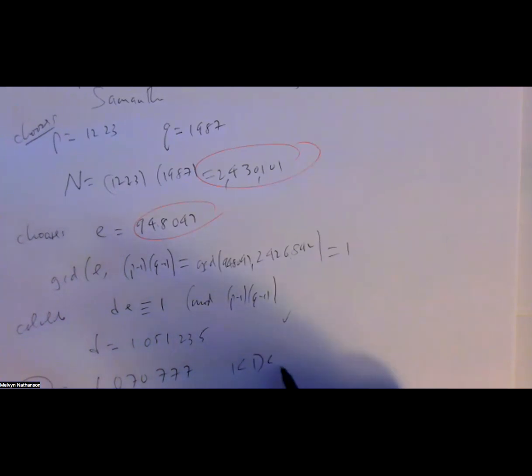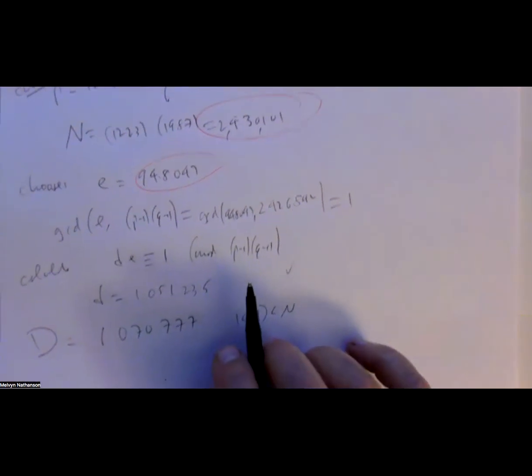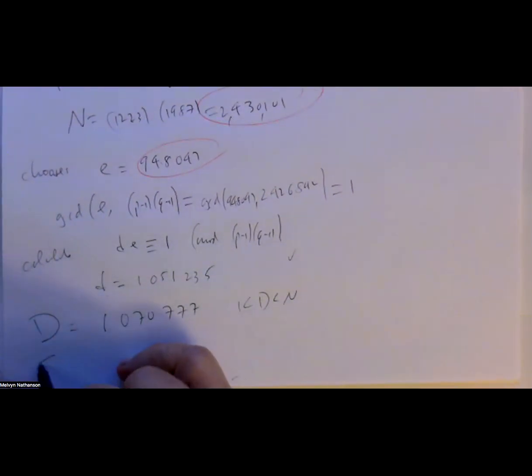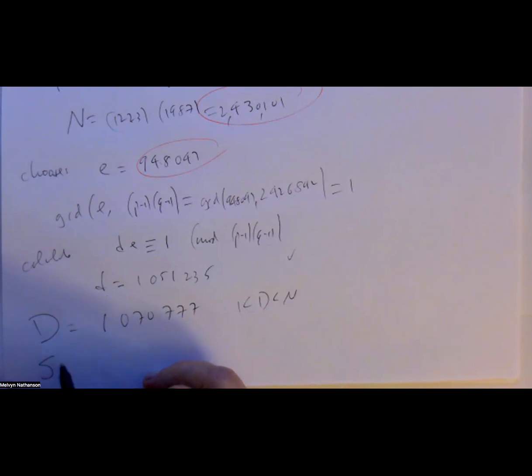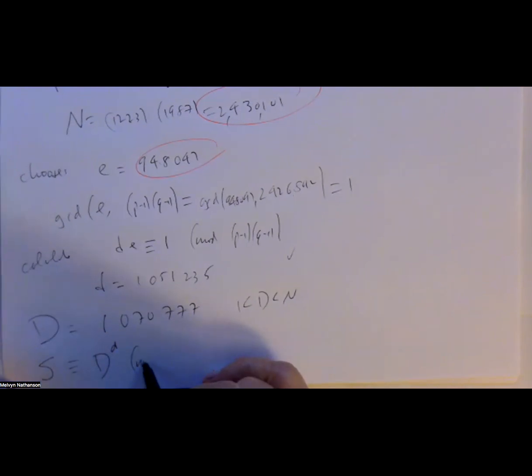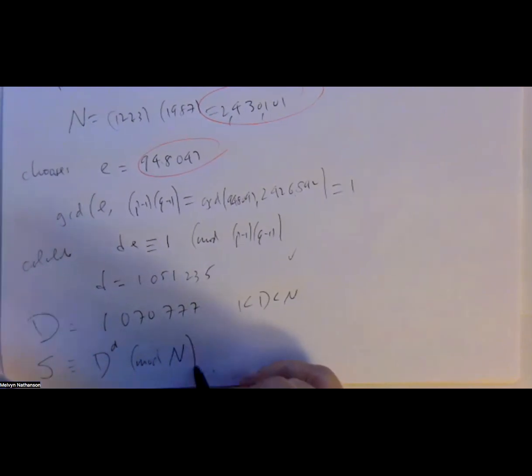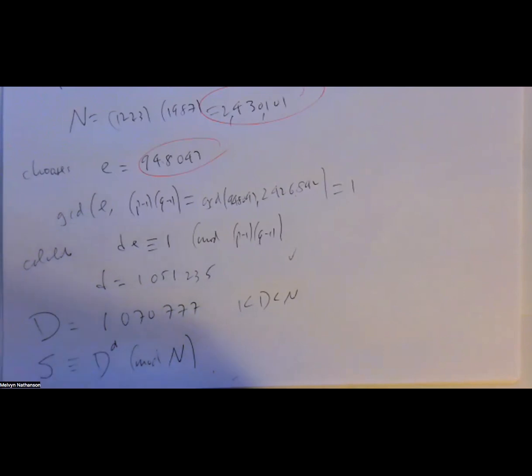So this number is between 1 and N. That's fine. So what is the signature? The signature S is going to be the document raised to the power D reduced mod N. This is the algorithm for constructing the signature.